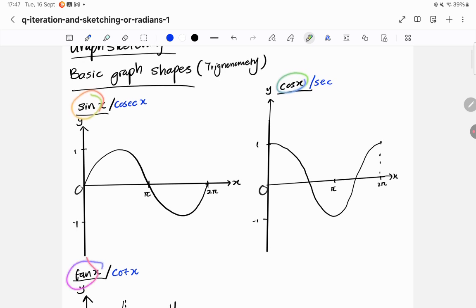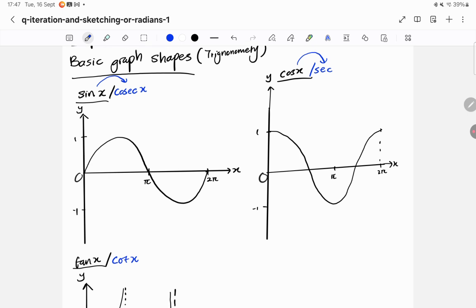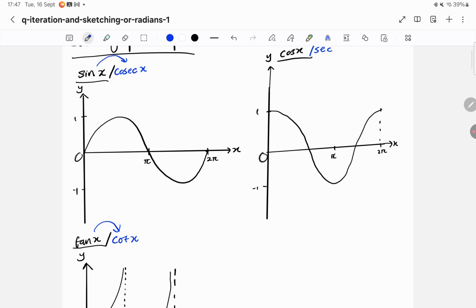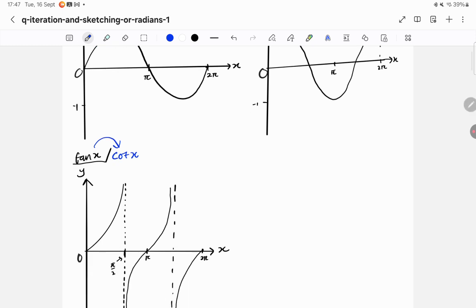Now I'm going to teach you how to use this graph to transform to the cosecant graph, secant graph, and cotangent graph. First, make this simple rule for yourself: you're going to reflect about the maximum points.